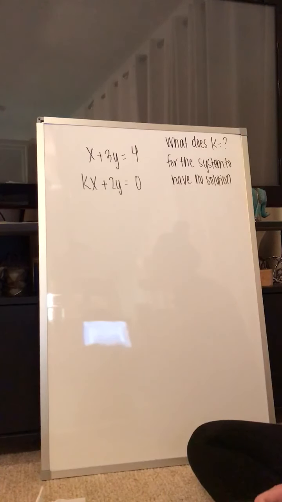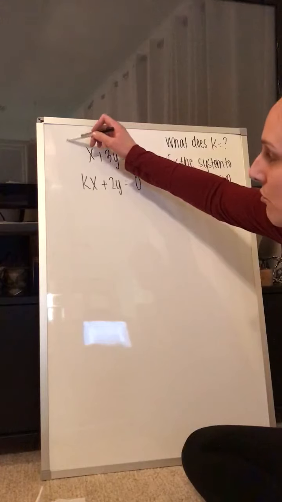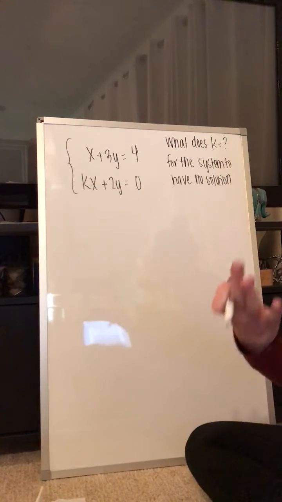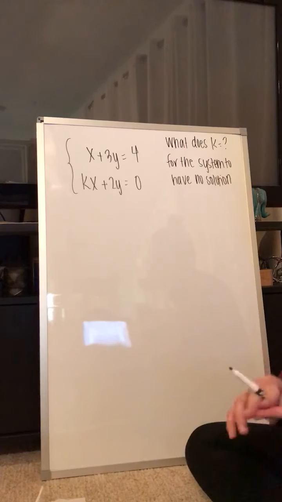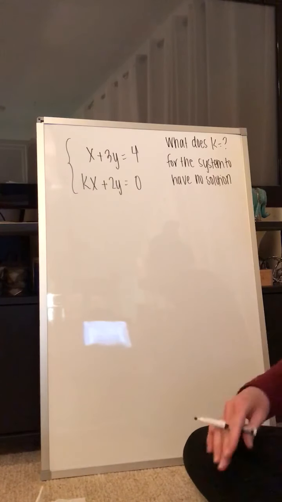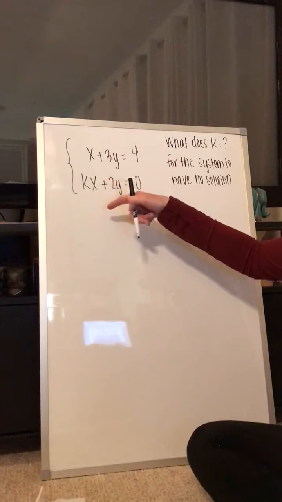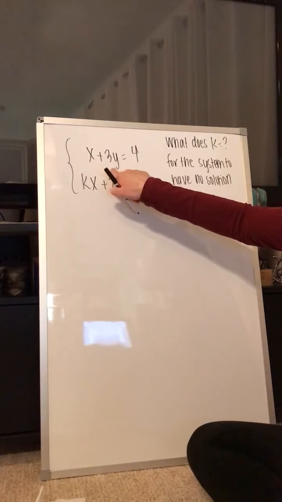Okay, so that's telling us that our two lines are going to have the same slope, but different y-intercepts. So the first thing I'm going to do is rewrite these two equations in slope-intercept form, so that I know exactly what my slope is and exactly what my y-intercept is. So I'm going to rewrite these in terms of y.